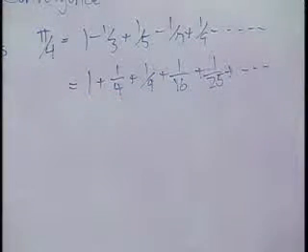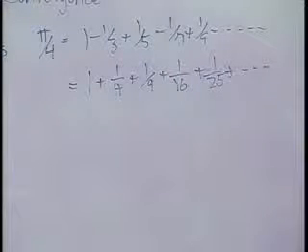This one stumped generations of Bernoullis. There are all sorts of famous mathematical Bernoullis, and none of them could sum this. This was finally summed by Euler in the late 18th century. Anyone know his answer? Pi squared over 6.